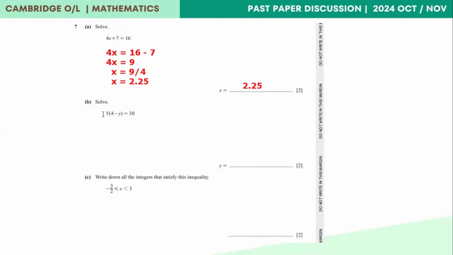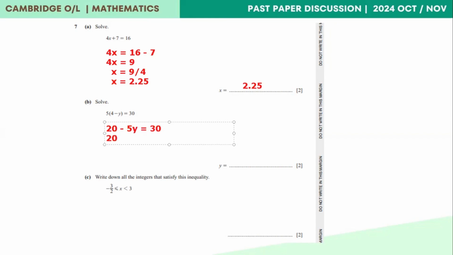Next, B question: solve 5 bracket 4 minus y close bracket equal 30. When we expand this, 5 into 4 is going to be 20, and 5 into minus y is going to be minus 5y. That's going to be equal to 30. Now we have to take the minus 5y to the right and 30 to the left.